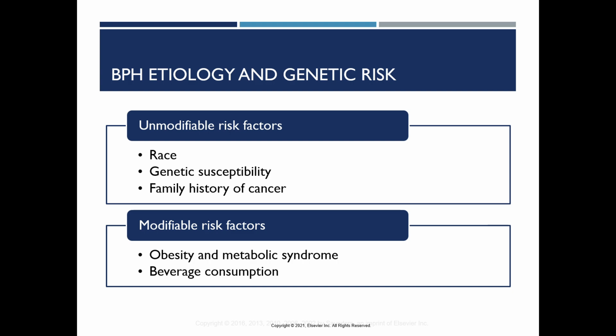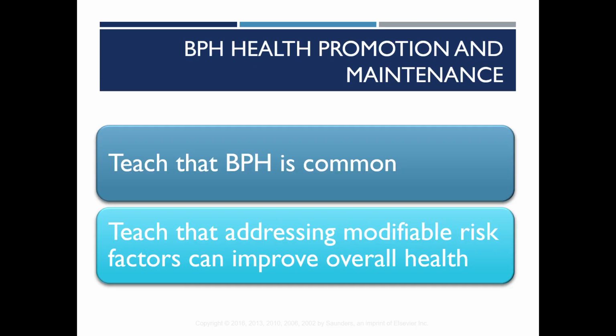The modifiable risk factors are obesity and metabolic syndrome, that blood sugar, that blood pressure, that cholesterol level, and that waist circumference. Also excessive caffeine or low levels of activity, but these are modifiable. So you need to teach that patient that BPH is common, and addressing those modifiable risk factors can improve their overall health.